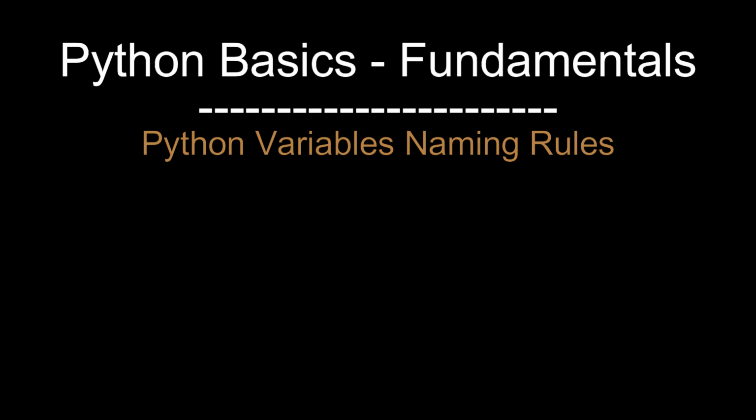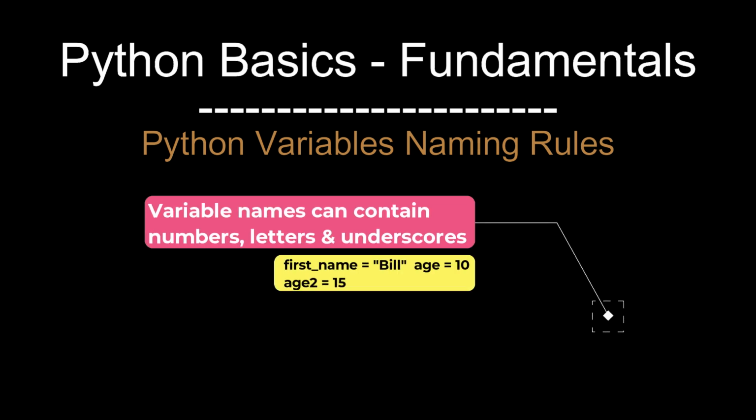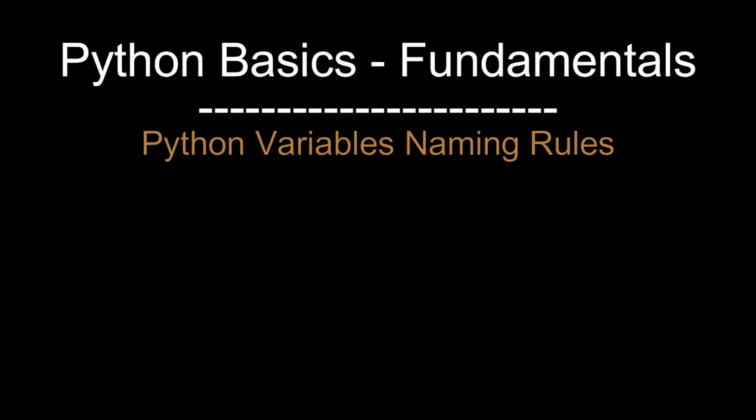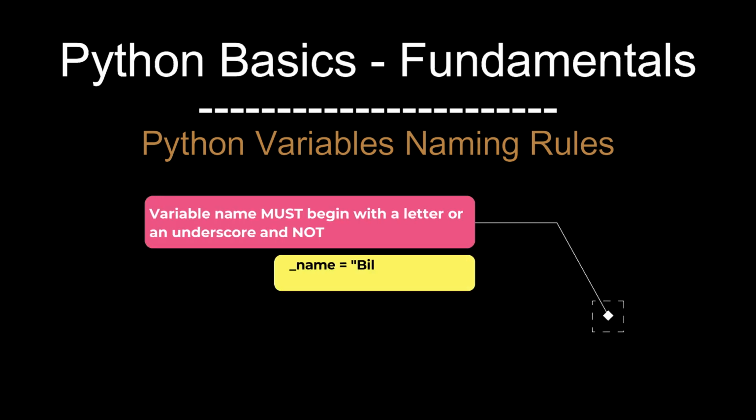One of them is that variable names in Python can contain letters, numbers, and underscores. Only that, nothing else. Then the variable name must begin with a letter or an underscore and not a number.